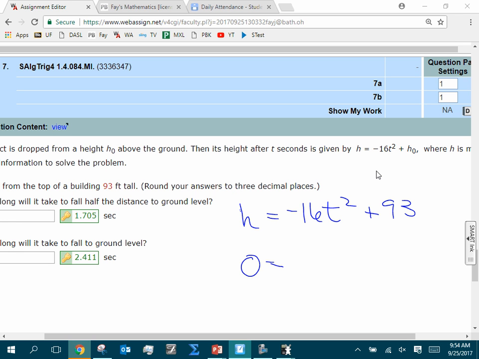I let h be 0 and solve that. It might actually be easier to answer this question first. Find out how long it takes to hit the ground, and then if I take that answer and divide it by 2, won't that put me halfway between where I let it go and where it hits the ground?